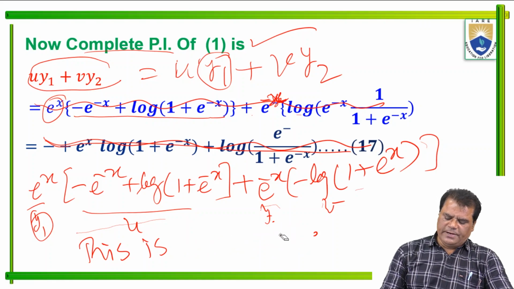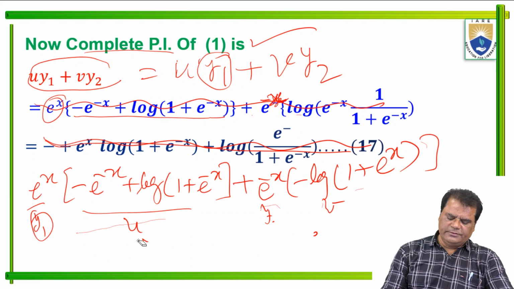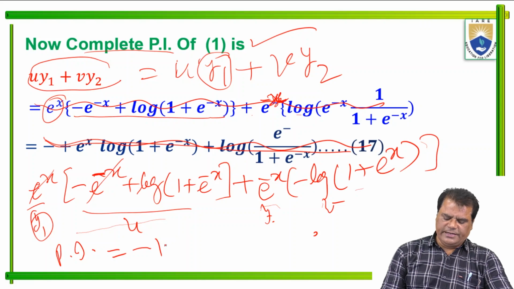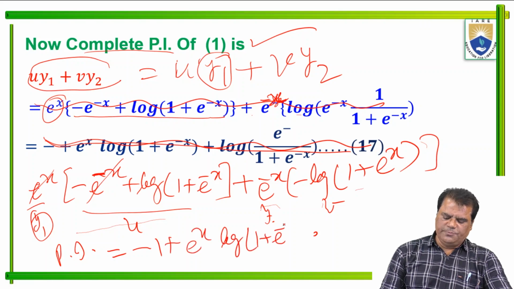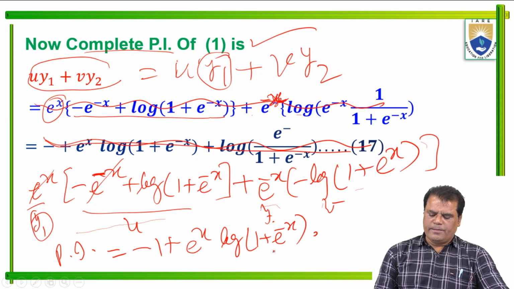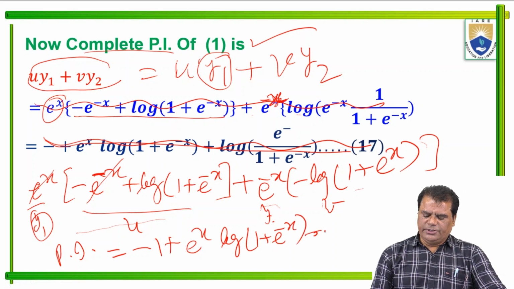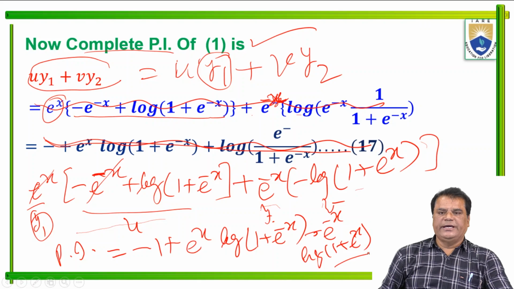After multiplying we get this result. PI is equal to, here multiply minus 1, this cancels. And plus e to the power x log 1 plus e to the power minus x, and minus e to the power minus x into log 1 plus e to the power x. So this is PI.